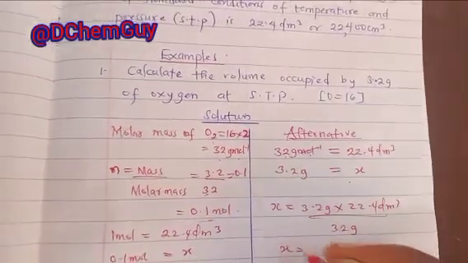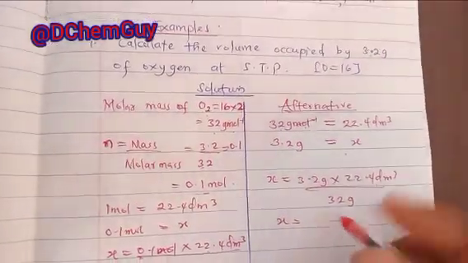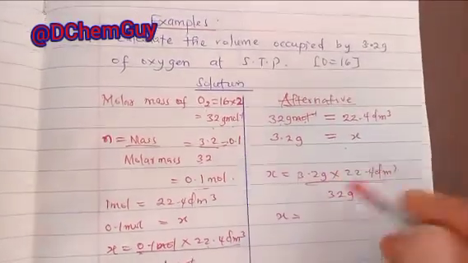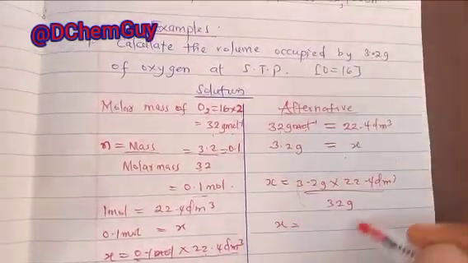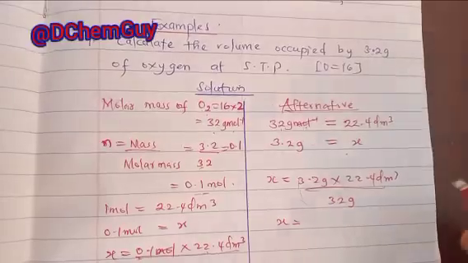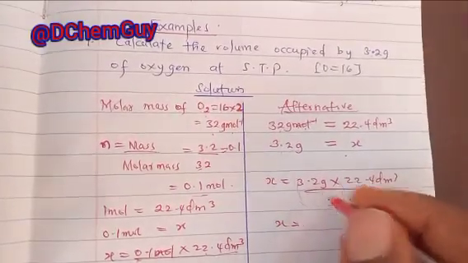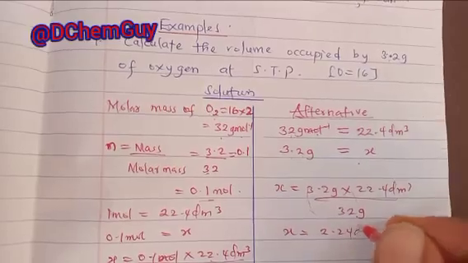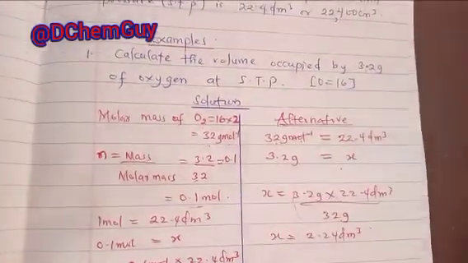If you look at this calculation, it's like doing mass over molar mass again. So the answer is 2.24 dm³.